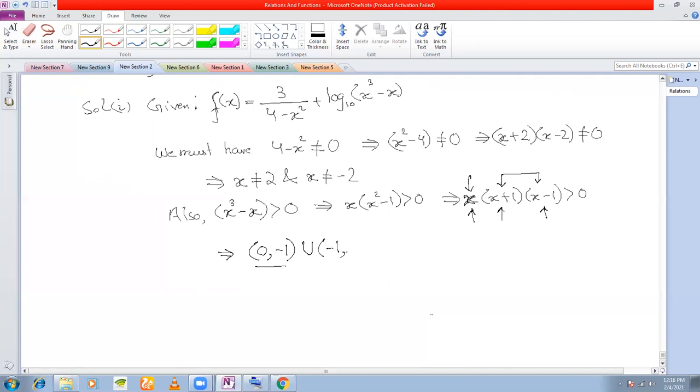And from 1 it can move to infinity, but in between it cannot take any other values. I think there should be one more interval here. It should be minus infinity to 0.